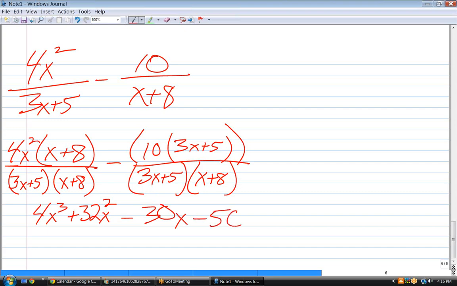Good. You did it all in one step, but if you were going to do these in individual steps, I would remove the inside parentheses first, making it 30x plus 50. And now when you remove the outside parentheses, you get minus 30x minus 50. And then, that's already combined, so there's really nothing else needed to do there.